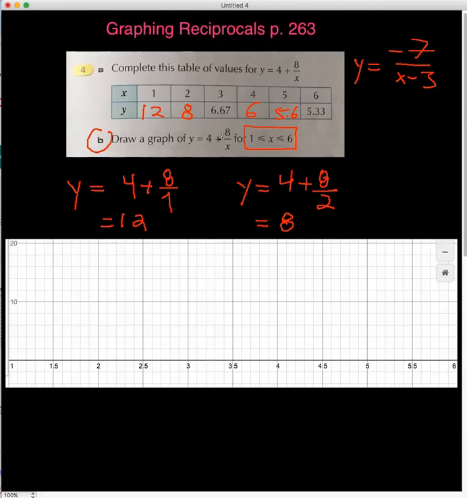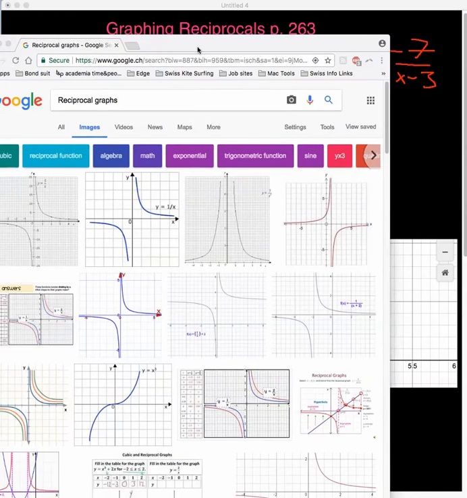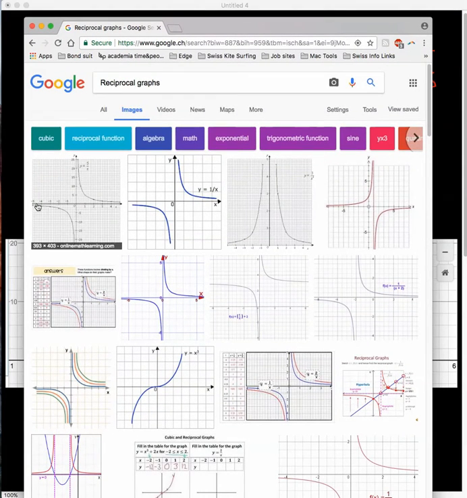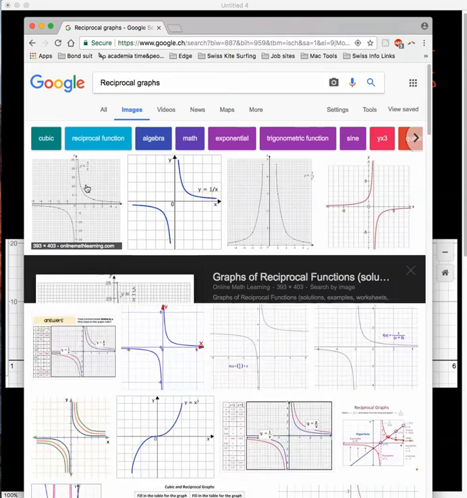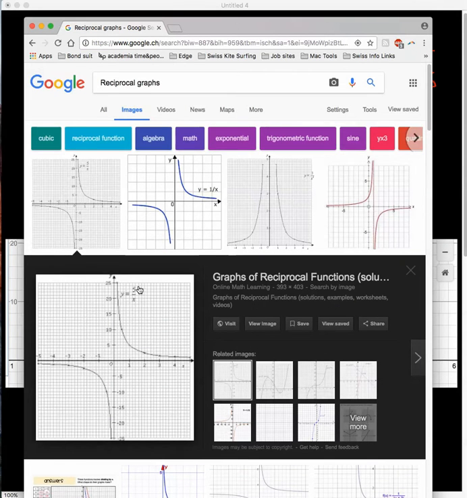So just a note, when we're graphing reciprocals, they should look something like one of these here. So notice they always have this line here, and then they get a break in between these, and then another line here. And they even have an example of what this looks like here. If you click on it, it's y is equal to 5 divided by x. So notice you're dividing by x again, and so that creates this reciprocal graph.